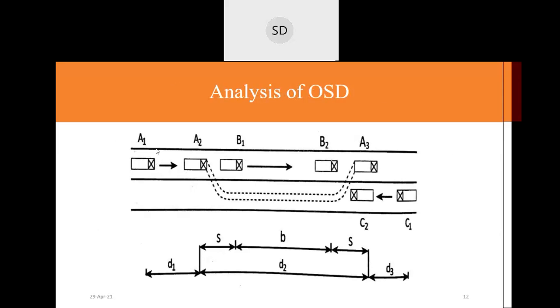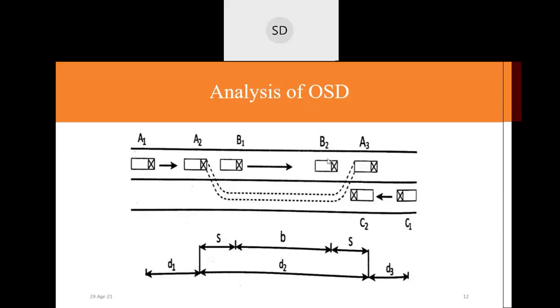Now, this is one overtaking analysis of the overtaking sight distance. Suppose this is a two-lane road. Vehicle B is the slow moving vehicle which you are going to overtake, and vehicle A is the fast moving, overtaking vehicle, and B is the overtaken vehicle. A1, A2, B1, B2, A3, etc. are the positions of vehicles A and B at different times, and vehicle C is coming from the opposite direction.